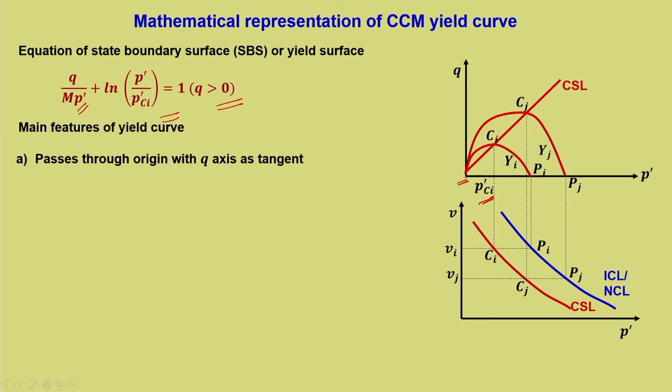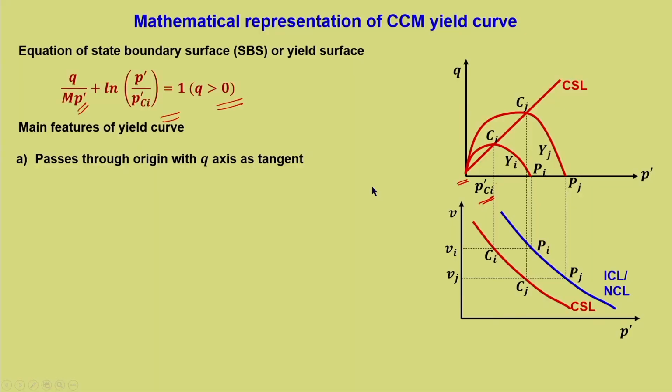You remember when we discussed in the last few lectures, we discussed that it is better that the failure envelope passes through the origin, because every time we cannot ensure the existence of cohesion. So, that is why in this particular framework we have already seen that it is purely taken as a frictional material.